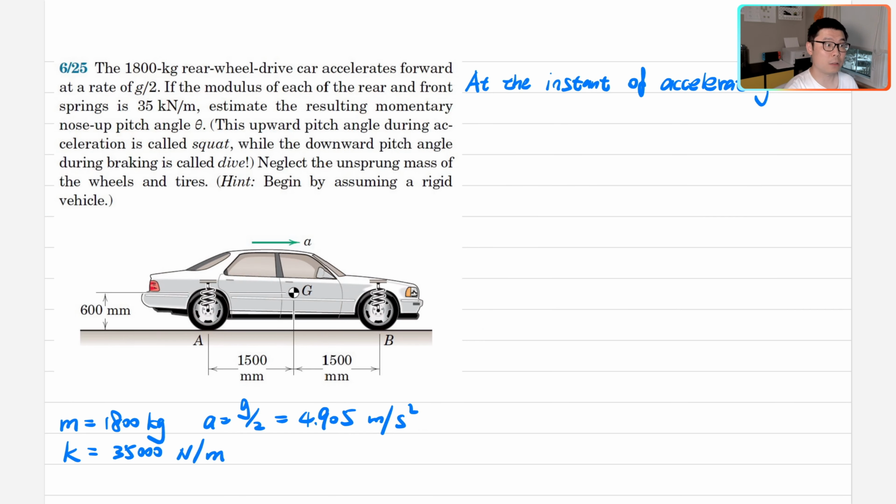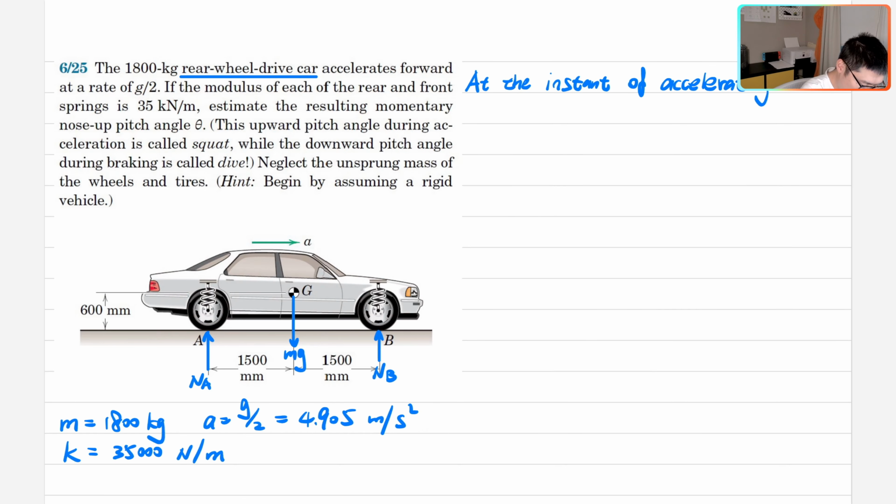G and EF method still holds. Gravity has to be here. And the normal force given by the rear wheel and front wheel, NB. External force, the force F that is driving the car forward, because this is a rear wheel drive car.